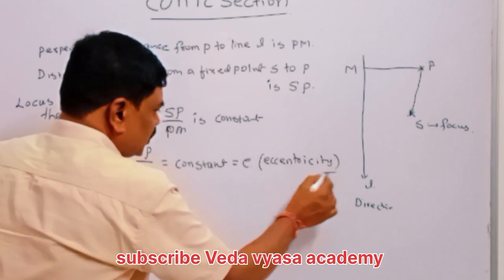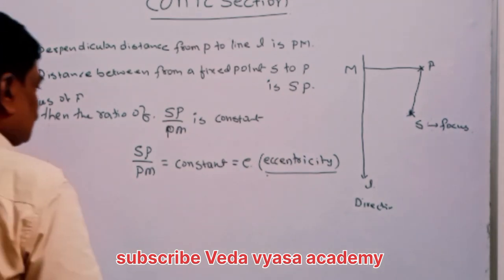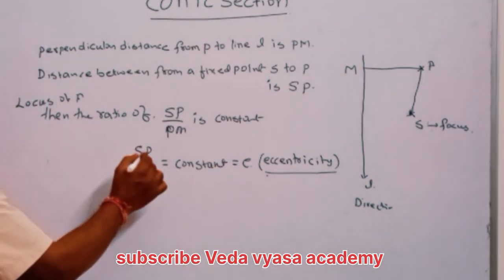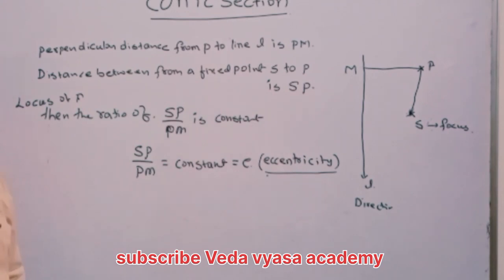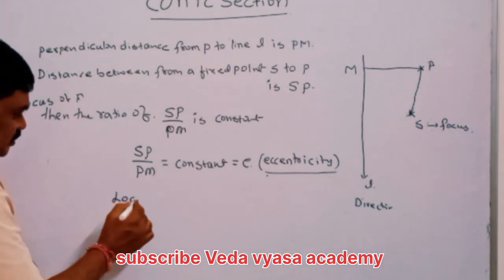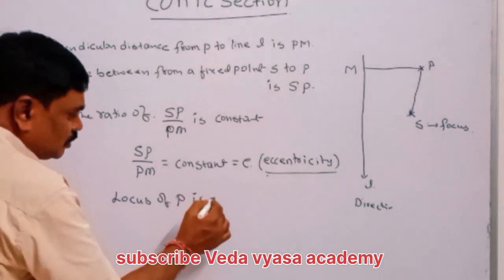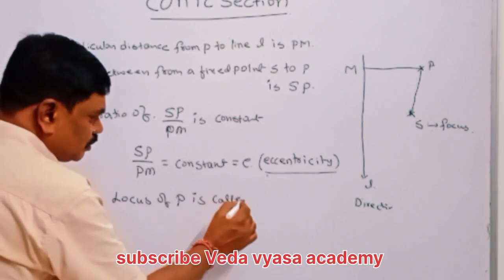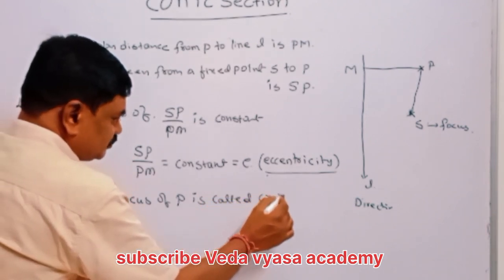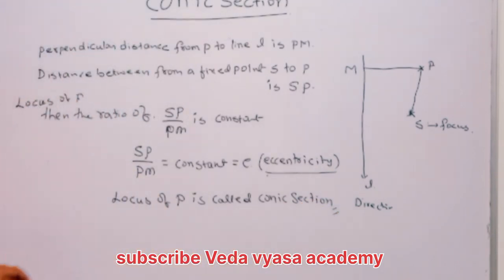It is noted as eccentricity. And the locus of P is called a conic section. Okay, all of you.